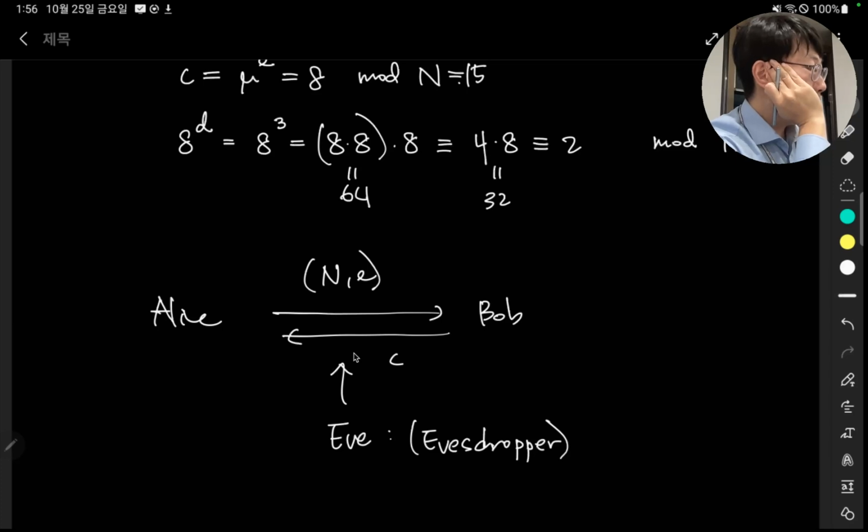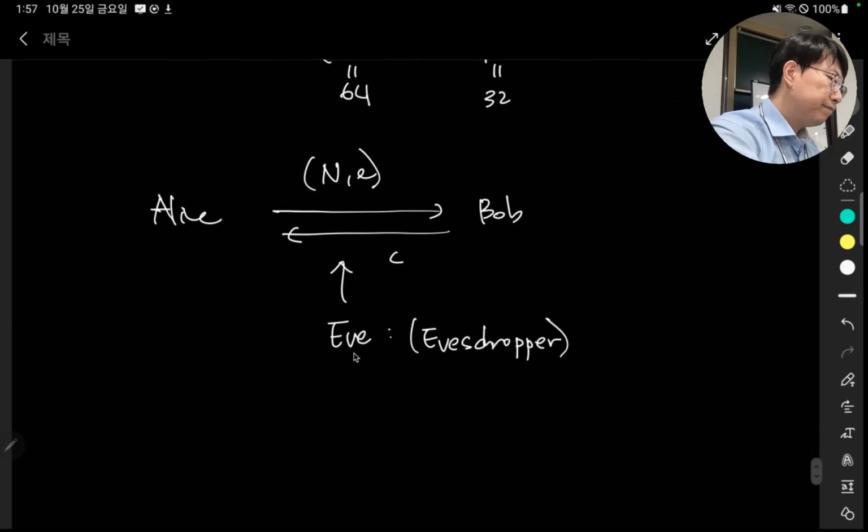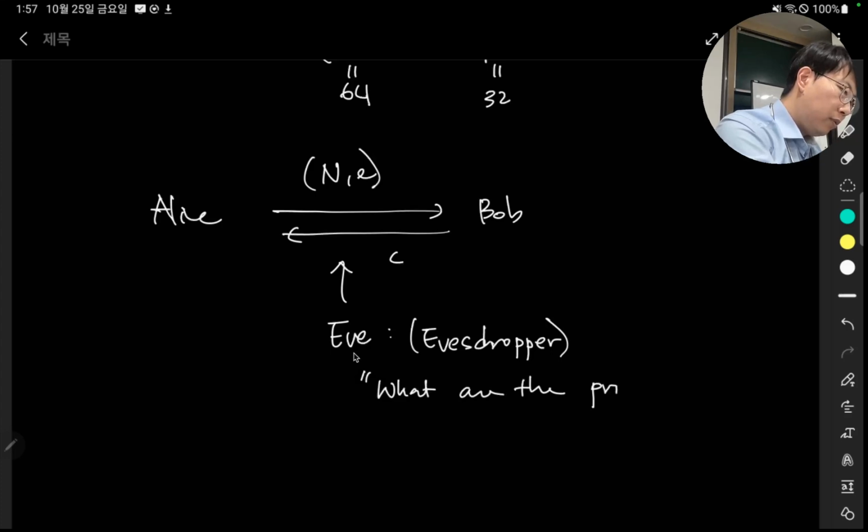But Eve also has information about how these numbers are made. So what Eve wants to find is what the primes are that make N.